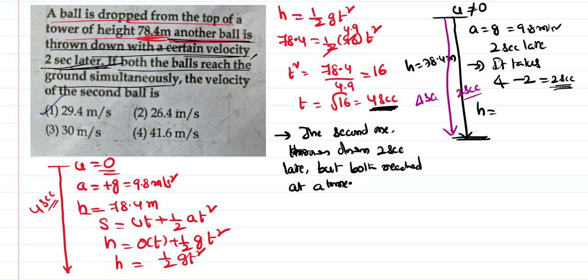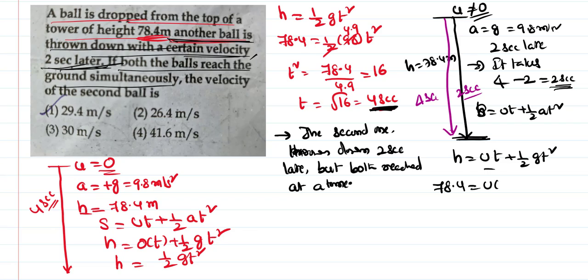Again, I can write the same formula, s equals ut plus half at square. S is h. Be careful, u is not 0 here because it is thrown down with a velocity, plus half gt square. h is 78.4, u I don't know, t is 2.